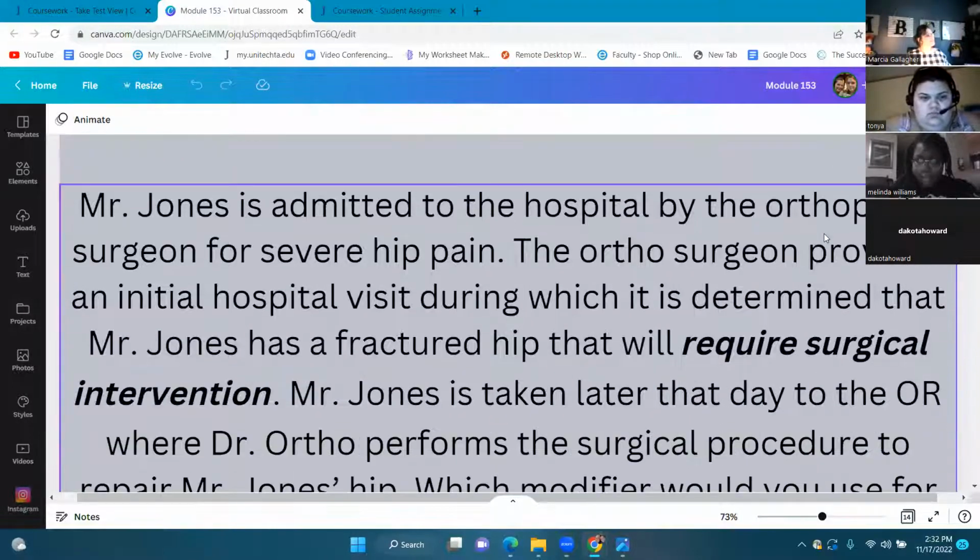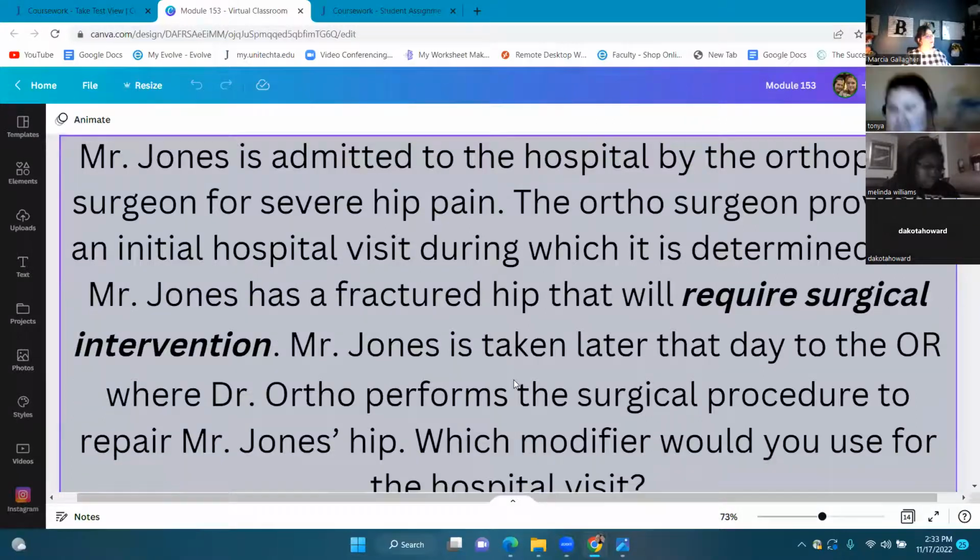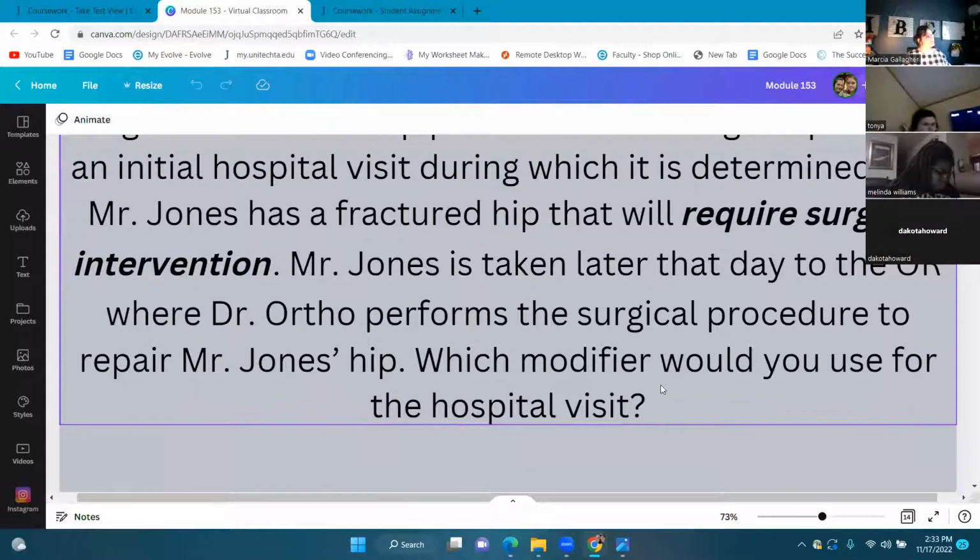Mr. Jones is admitted to the hospital by the orthopedic surgeon for severe hip pain. The ortho surgeon provides an initial hospital visit during which it is determined that Mr. Jones has a fractured hip that will require surgical intervention. What modifier are we going to use? Surgical intervention, or we could say decision for surgery.